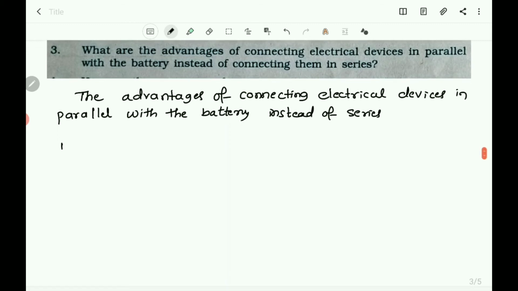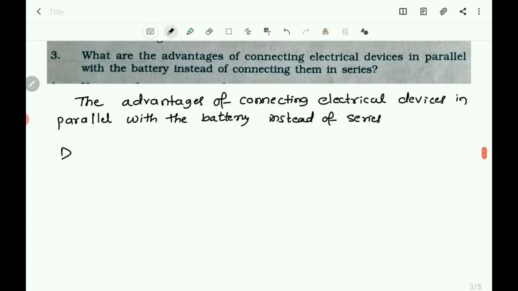So first one is, each device gets the full battery voltage.